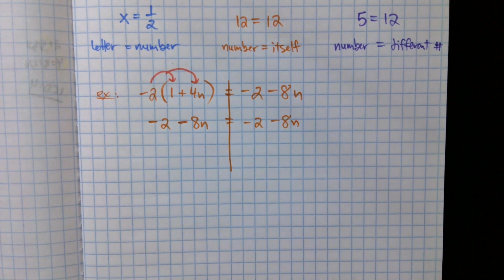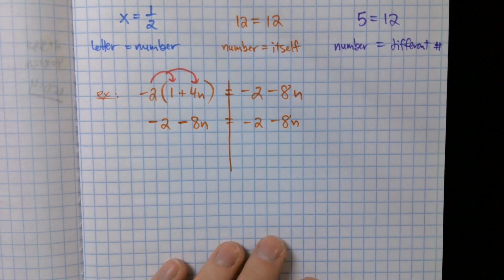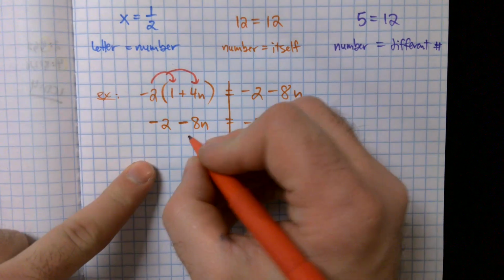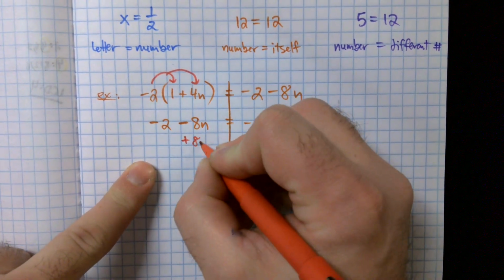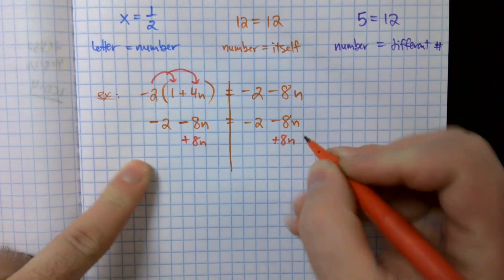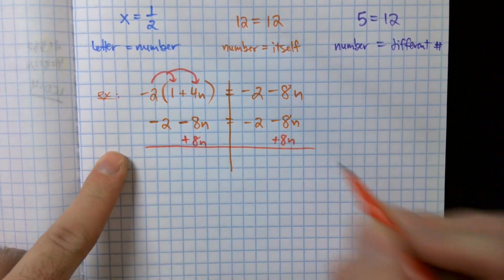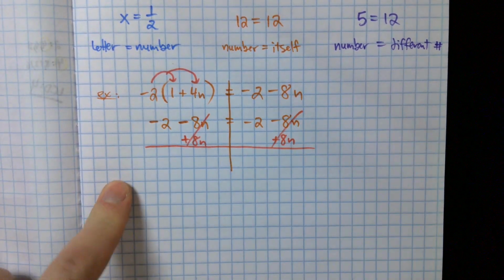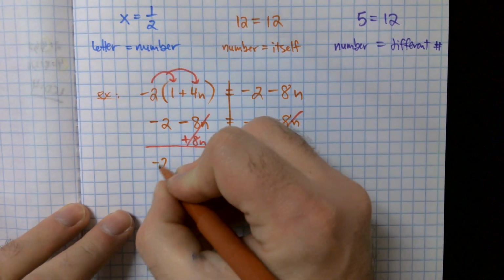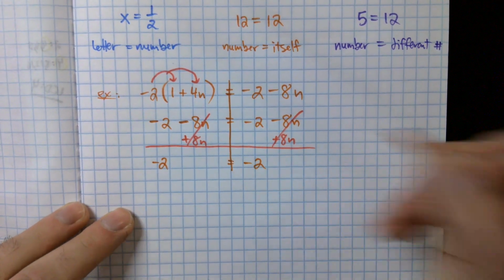Now, really, this is the point when we know my answer is infinitely many solutions, right? But if I were to add 8n to both sides, what happens to all my 8n's? They all disappear, leaving me with -2 equals -2.